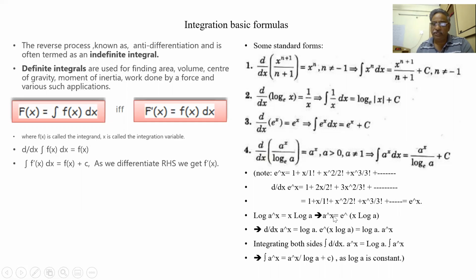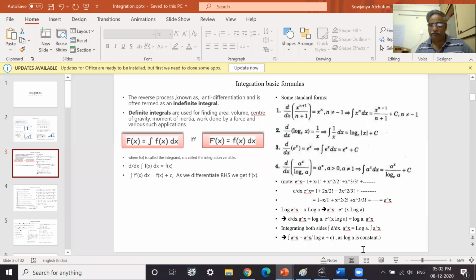So when I integrate both sides, the integration of a to the power of x is equal to a to the power of x by log a plus c. Just we will revise this again: log a to the power of x can be written as x log a.